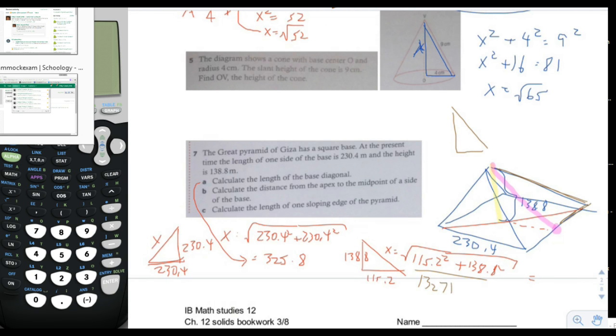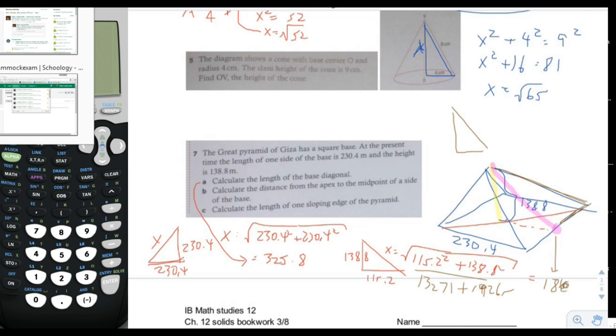And then 138.8 squared is 19,265. And then if I add those together and I take the square root, I get that the pink line is 180.